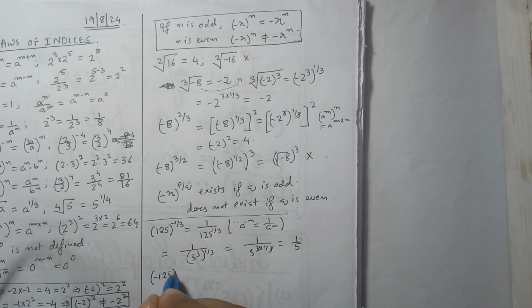If I am given minus 125 to the power of 2 by 3, what does it mean?